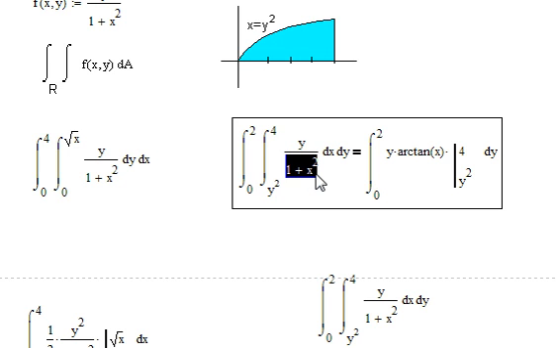If you integrate with respect to x, we get arctan of x, x going from y squared to 4. I don't even want to write this next thing out because it would be too scary to even think about integrating. It would be y times arctan of 4 minus y times arctan of y squared.